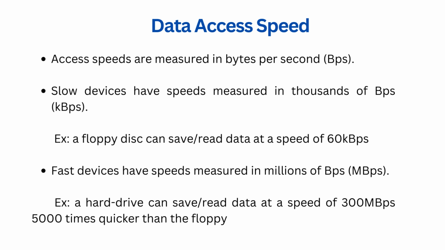Fast devices have speeds measured in millions of bytes per second, like MBps. For example, a hard drive can read or save data at a speed of 300 MBps, meaning it can save or read 300 megabytes per second. So that is around 5,000 times quicker than a floppy disk.